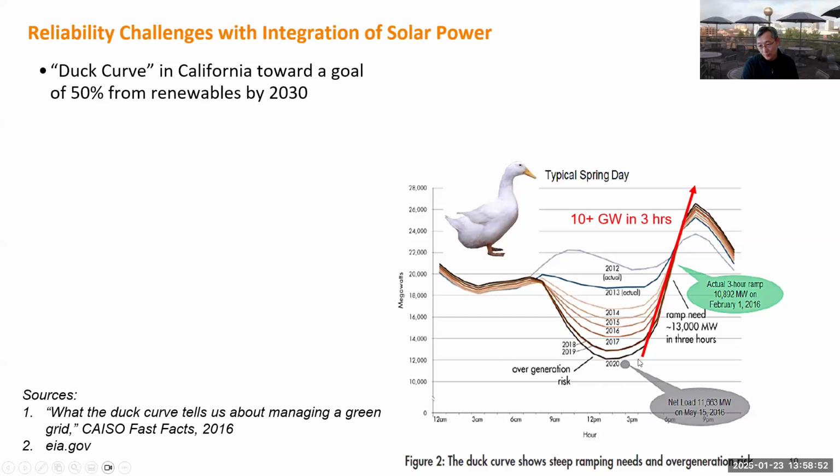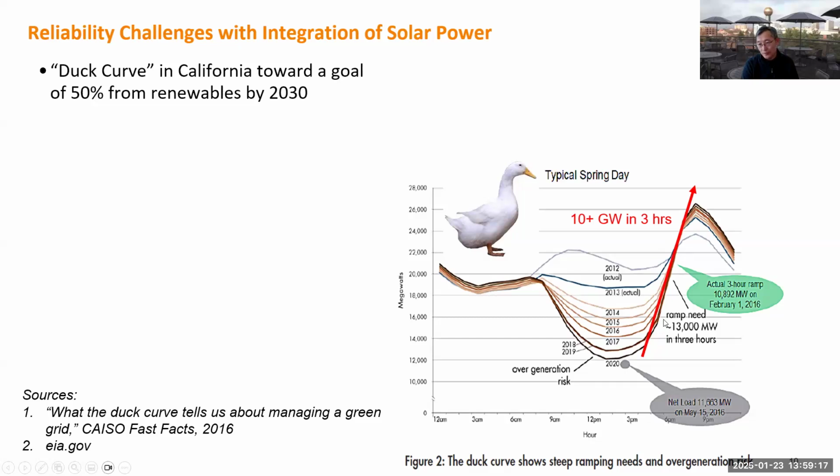It will create two challenges. The first is that the generation needs to decline very quickly from maybe 7 or 8 o'clock, right? To the very low load. And around 3 p.m., it needs to increase very steeply to the peak load. So that brings some challenge for the operator to operate the power plants.